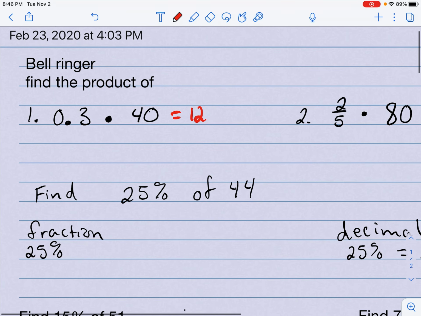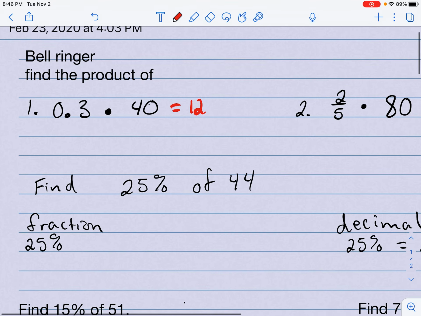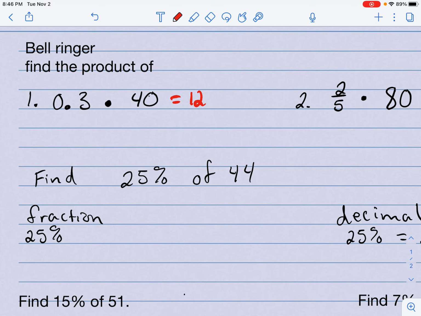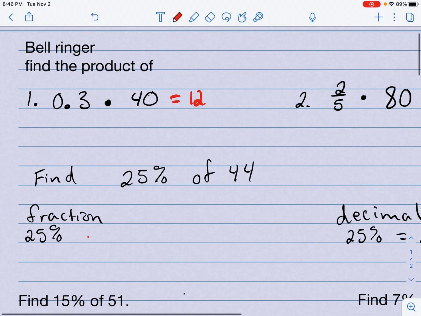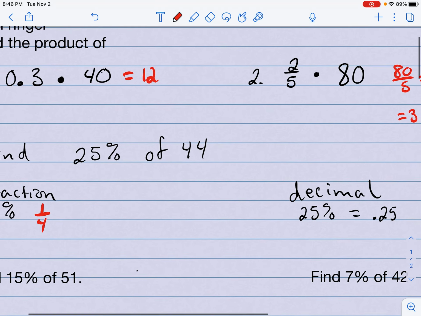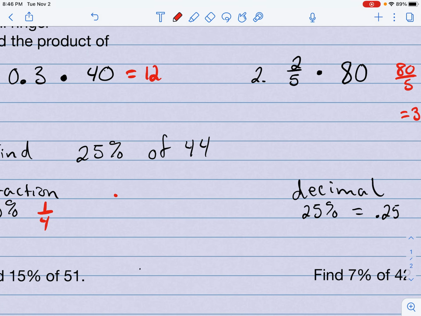Okay, so that's all we're doing when we're finding a percent of a number. We're just multiplying that number by the decimal form of that percent. So find 25% of 44. So as a fraction, it would be 1/4. As a decimal, it would be 0.25. So all we need to do here is take 0.25 times 44, or 1/4 times 44.